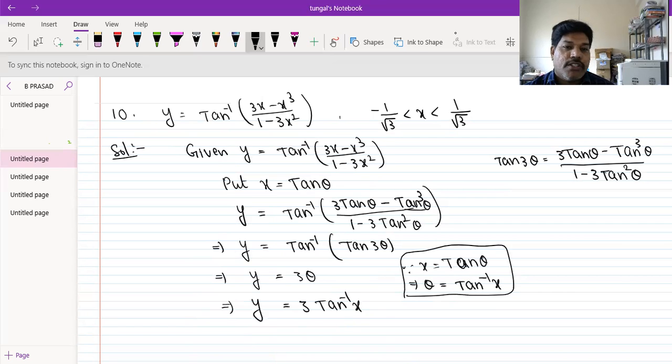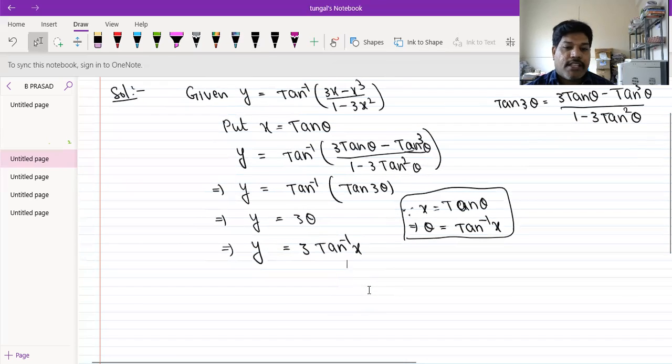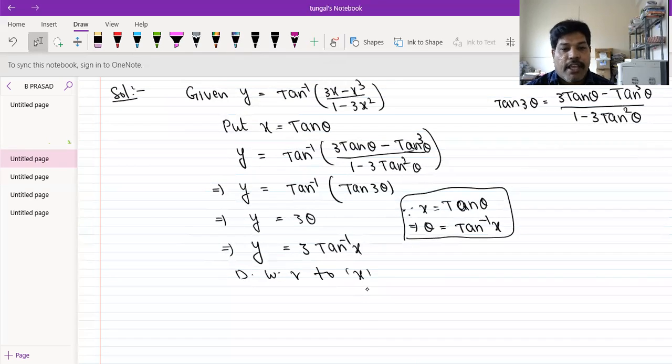Then just differentiate with respect to x.